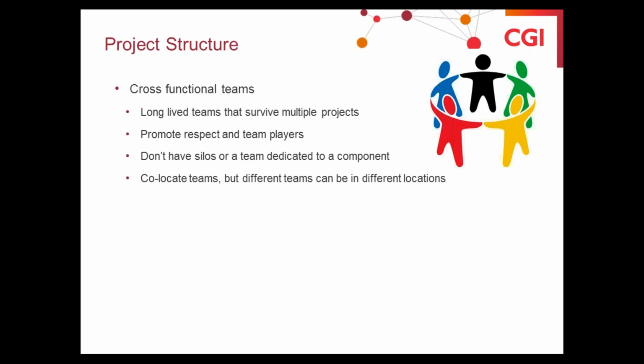And co-located teams. Generally speaking, everyone in the team should be in the same location. But again, different teams can be in different locations. In fact, a lot of the large projects that I've worked on, I've had teams spread across multiple places, and I've actually seen quite a few benefits from that. There are problems in terms of communication, but it can encourage people to document stuff and write stuff down.